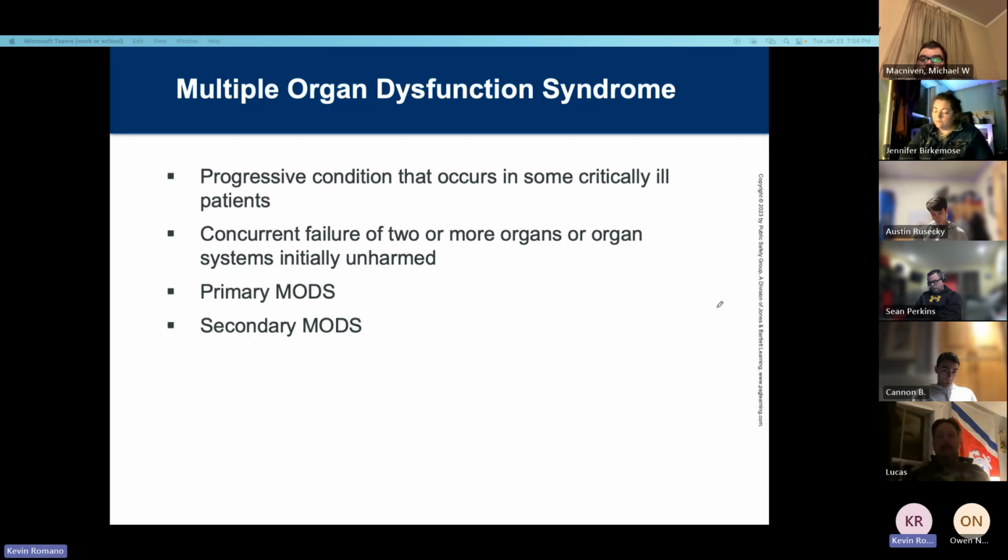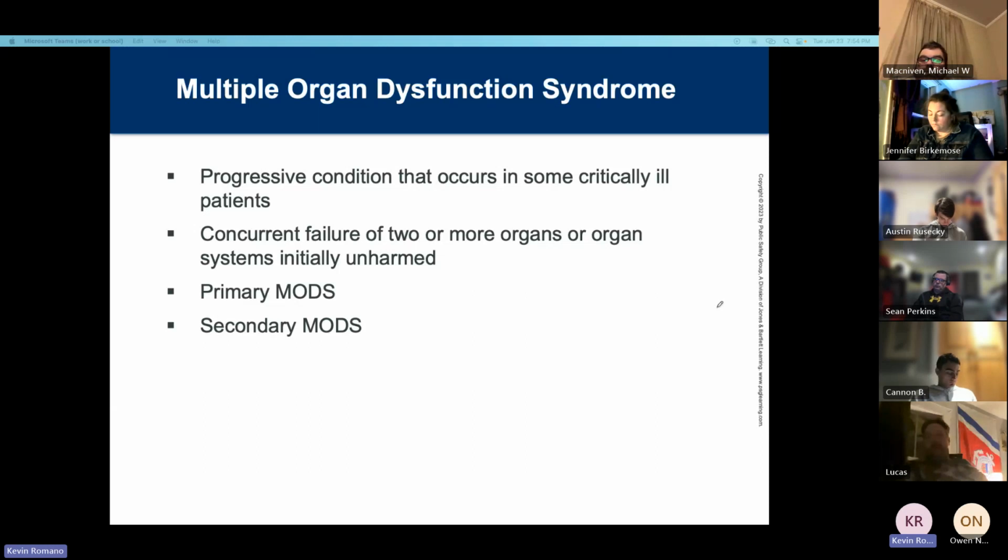Primary MODS is a direct result of an insult, such as a pulmonary contusion. Secondary MODS occurs when injury or infection triggers a massive systemic immune, inflammatory, or coagulation response accompanied by the release of toxins. Coagulation response, DIC.